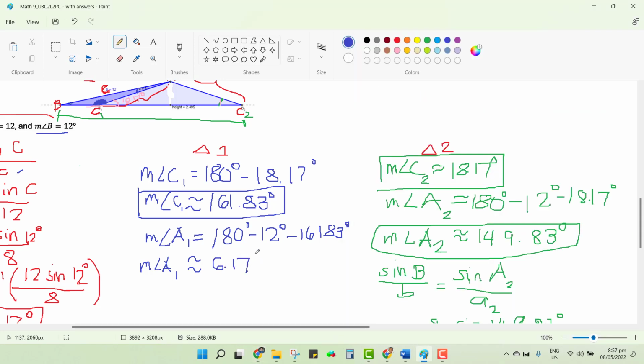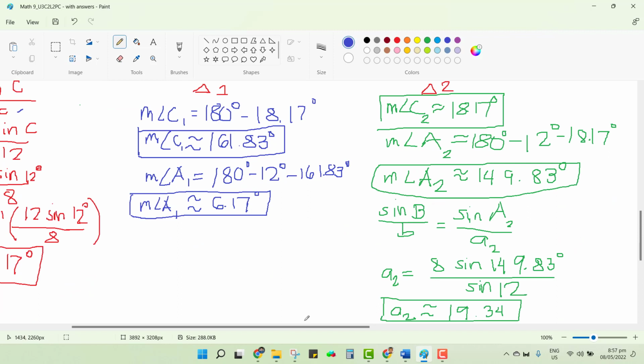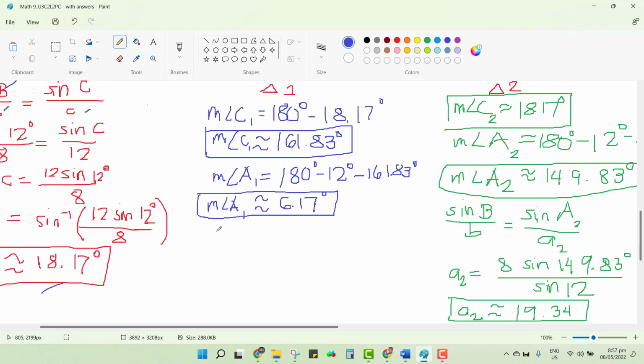So this is now the measurement of angle A. And finally, use the same concept to get the remaining side here.